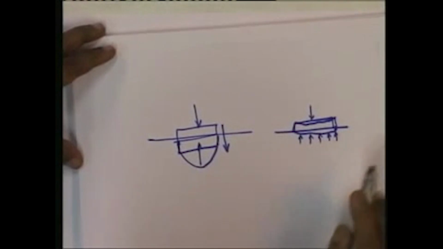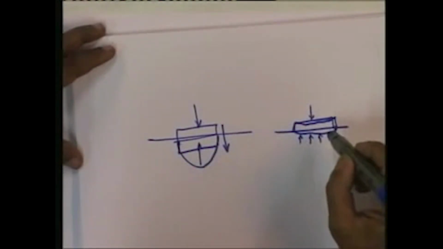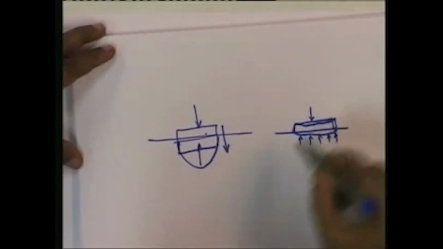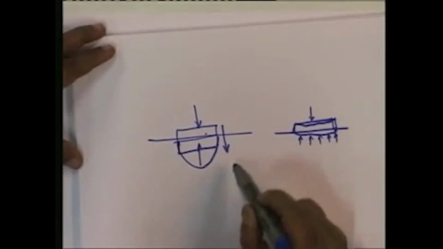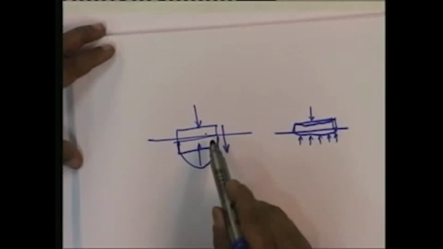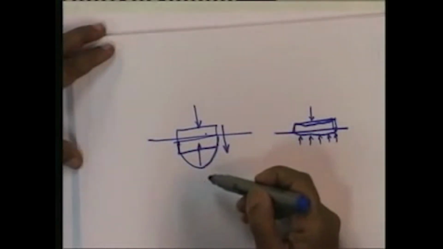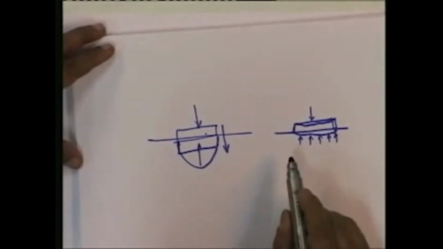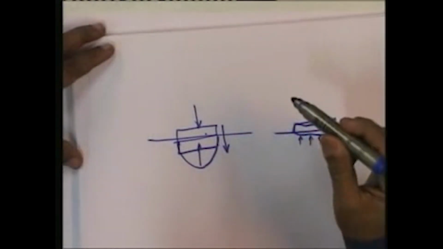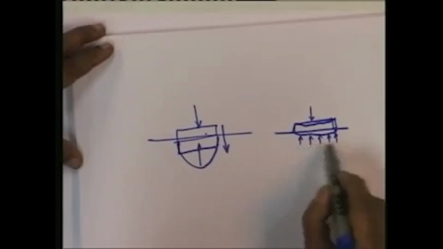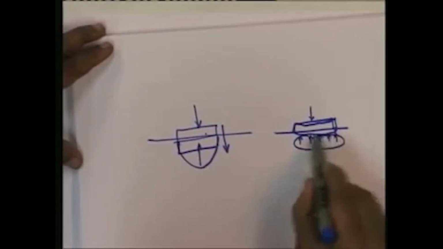It may have a stress distribution like this. Now, this depends not only on the rigidity of the foundation, but on the rigidity of the soil as well, because even if the foundation is rigid, if the soil is also rigid, then it is the relative rigidity which controls the pressure distribution. So, it is the relative rigidity or flexibility of the foundation with respect to the soil which controls this pressure distribution, and in general this pressure distribution could be non-uniform, it need not necessarily be uniform.